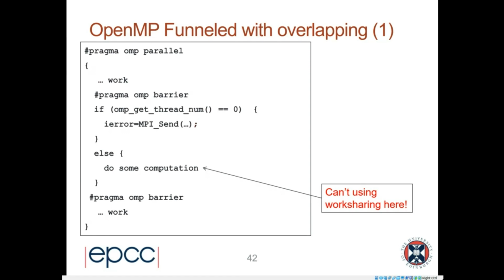You pick a thread, normally the master thread, or thread n-1, to do the communications. So what you would do here is you have some work, you do a barrier, and then if you're thread 0, you do a send, else you do some more computation, and then you finish here.